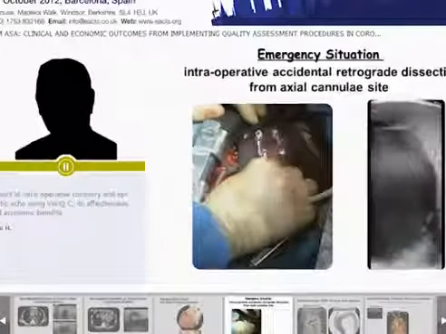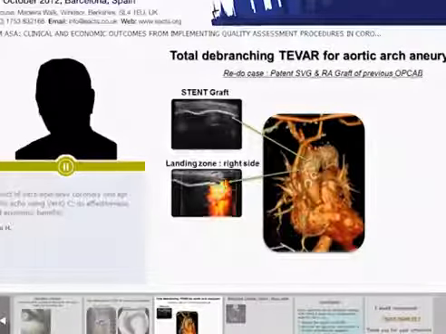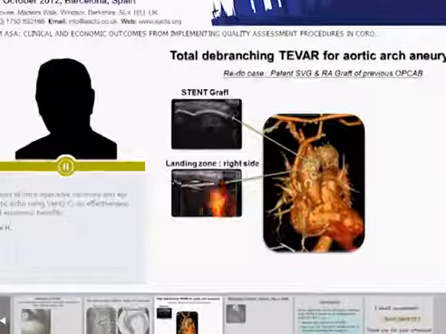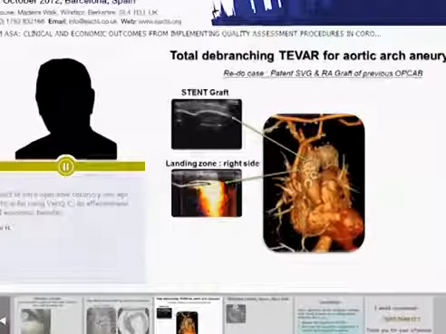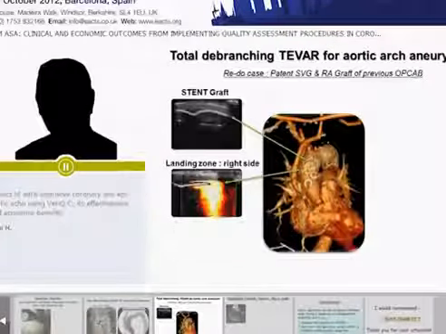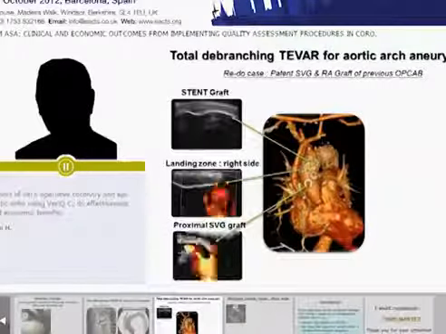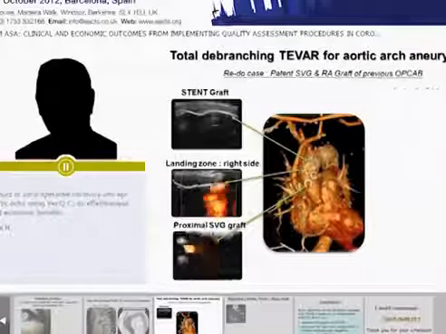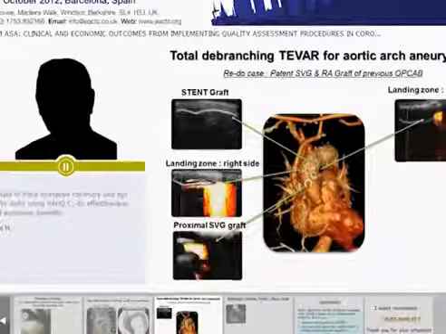And then I checked step by step. If I scanned here, you can see the stent graft very clearly. For the landing zone on the major curvature side, a little bit of blood is coming to the graft, but it's okay, and I can confirm the proximal saphenous vein graft patency.